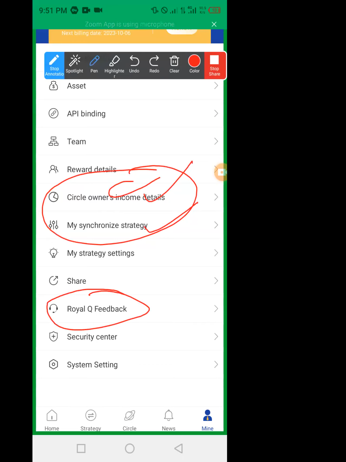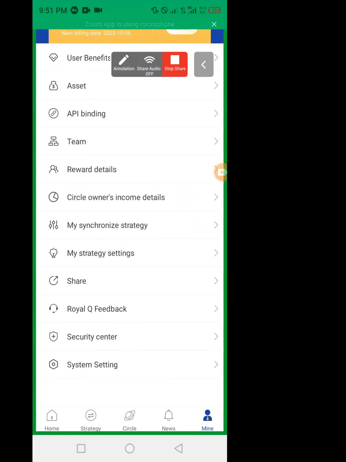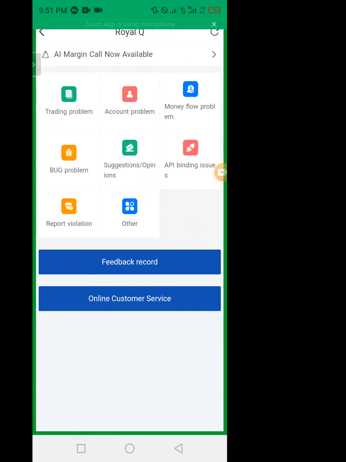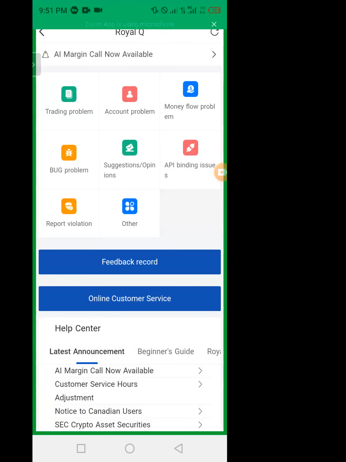I want to show you this Royal Q feedback. In the Royal Q feedback, if you have a complaint, a suggestion, or a concern, you can tell them your problem. Is your problem about trading? About the account? Is it a money flow problem? Is it a bug? Is it a suggestion or opinion?